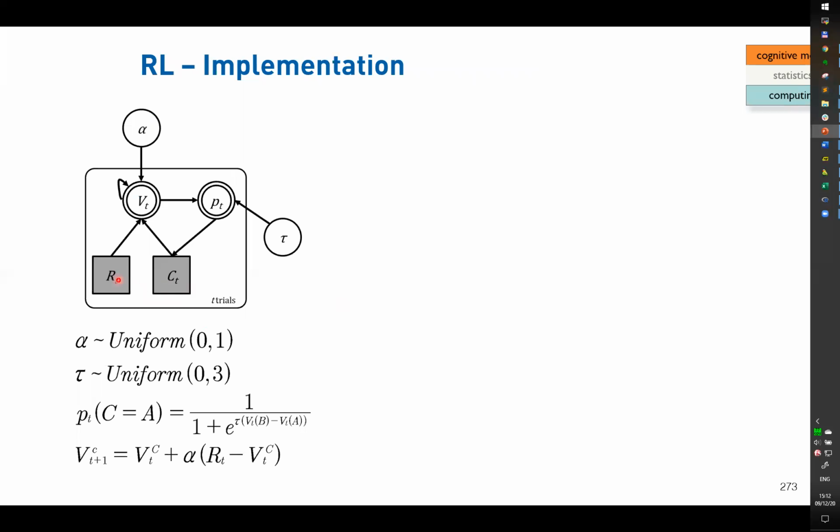If there is a color inside, that means the variable is known. In this case, we know the reward, the outcome, and we know the choice made by the participants. If there's no color, that means it is unknown. So we do not know the parameters learning rate and tau, and we do not know the internal variable value and the translated choice probability.